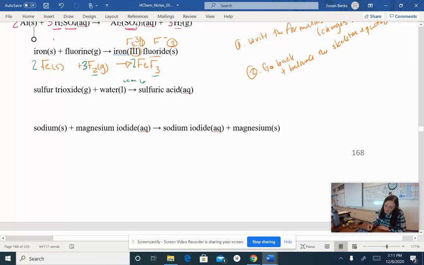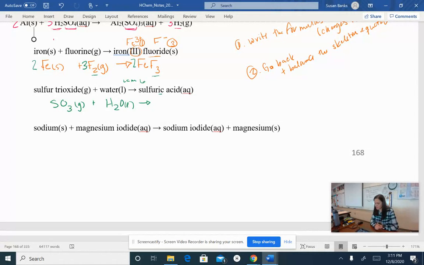Sulfur trioxide. So sulfur, tri means 3, so 3 oxygens in the gas state. Water, H2O in the liquid state. And sulfuric acid. Ic comes from ate, right? So what is sulfate? Take a minute, look it up.